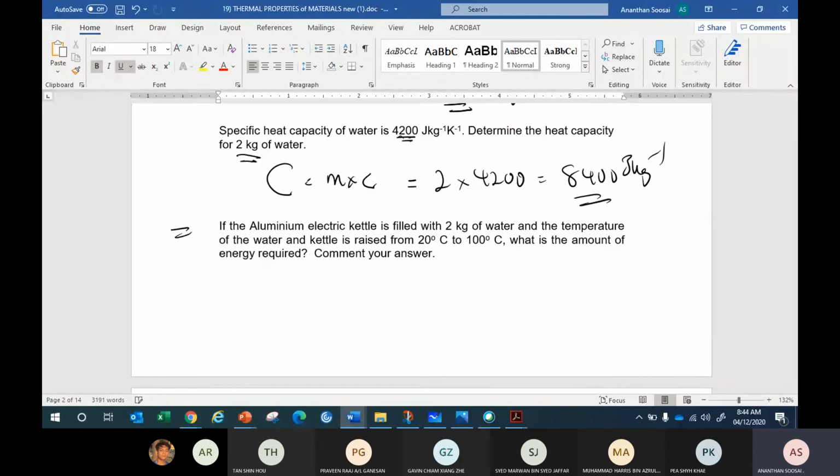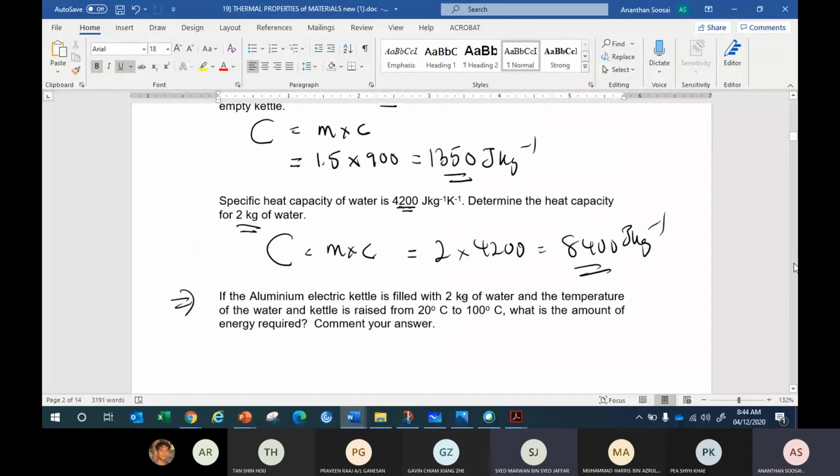So look at the third one. If the aluminum kettle is filled with 2 kilogram of water and the temperature of the water and kettle rises from 20 degrees Celsius to 100 degrees Celsius, what is the amount of energy required?